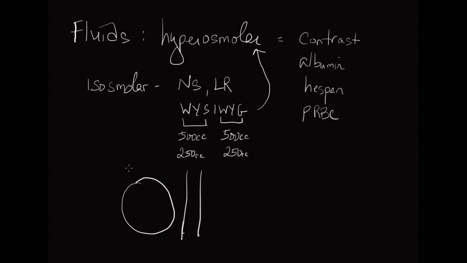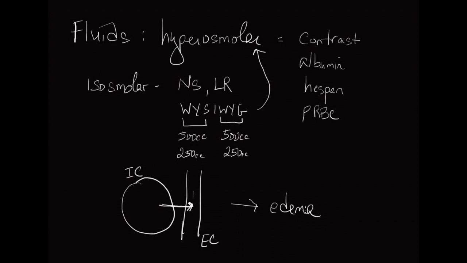Here we have the intracellular space and we have the extracellular space. And hyperosmolar solutions have a tendency of dragging water out of the cells and into the extracellular space, in particular the vascular space, which is what I've drawn here. And it's that extra fluid, what's represented by this arrow, that could tip a patient over into edema.